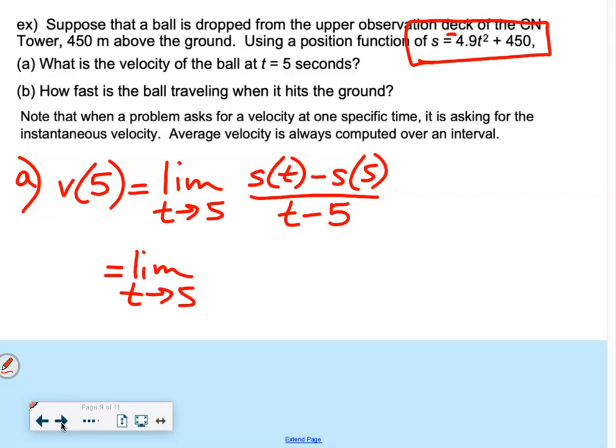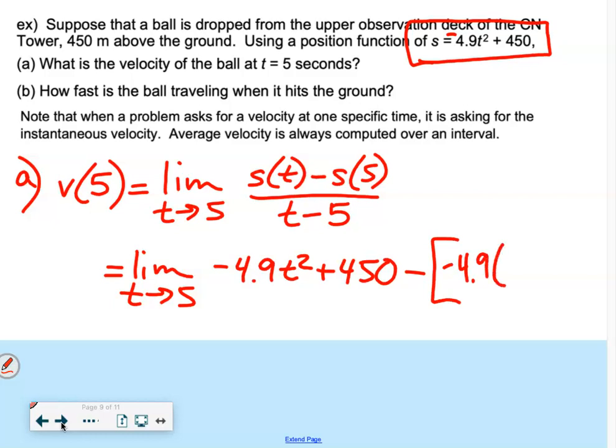All right, what's s of t minus s of 5? It is negative 4.9 times 5 squared, which is, yes? You guys seem so nervous about 5 squared. 25 plus 450, right?